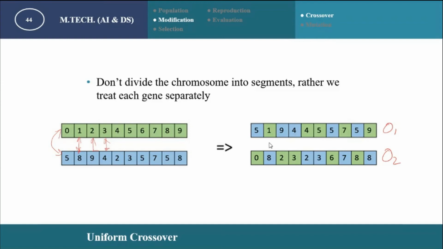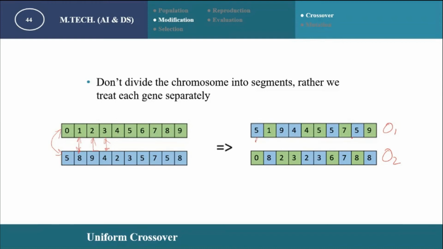Again, in this case also, if you are going for a uniform crossover in the case of permutation problems, you will have to do some refinement operations after the offsprings are generated, because there is again a chance of the same value being repeated. See here, 4 is being repeated twice and 5 is being repeated 4 times.